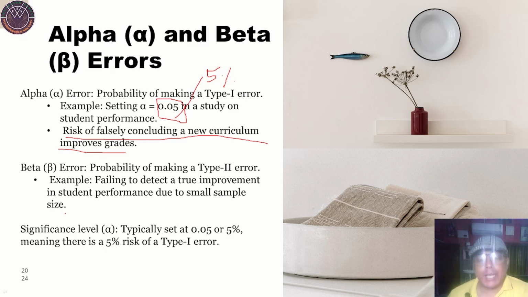Now what is beta error? Beta error is the probability of making type 2 error. Whenever you are failing to detect the effect, or failing to detect the correlation or relationship between the variables or between the two groups, what will be the chance? Here also the chance should be 5%.